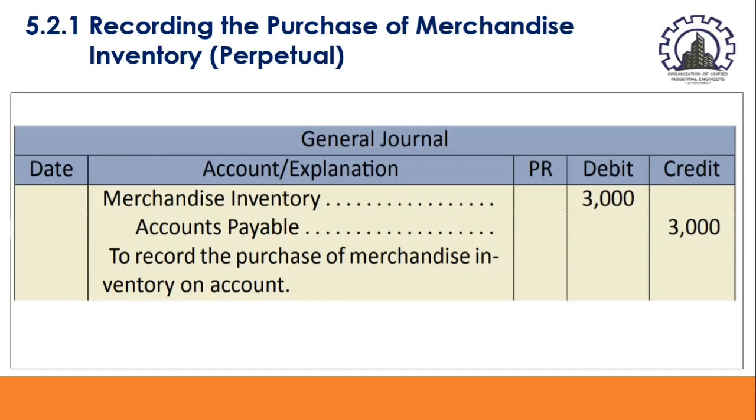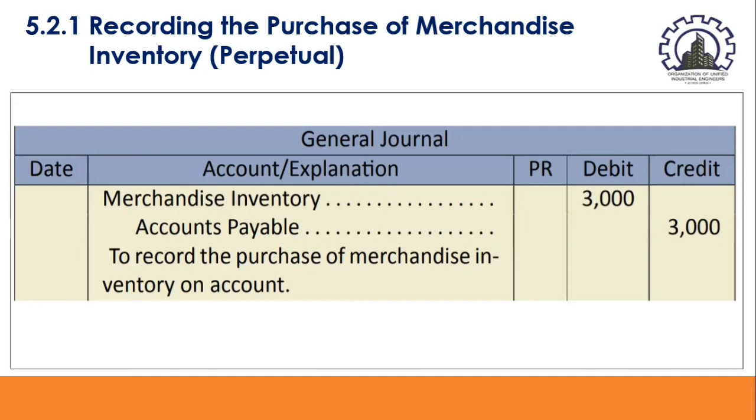And in addition to the purchase of merchandise inventory, there are other activities that affect the merchandise inventory account. For instance, merchandise may occasionally be returned to a supplier or damaged in transit, or discounts may be earned for prompt cash payment. Now, these transactions result in the reduction of amounts due to the supplier and the cost of inventory.